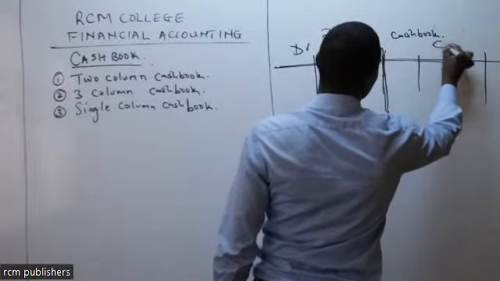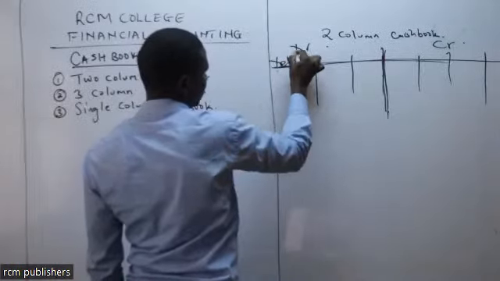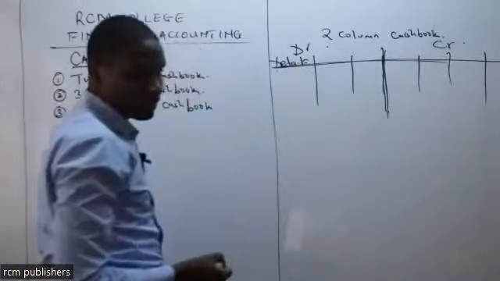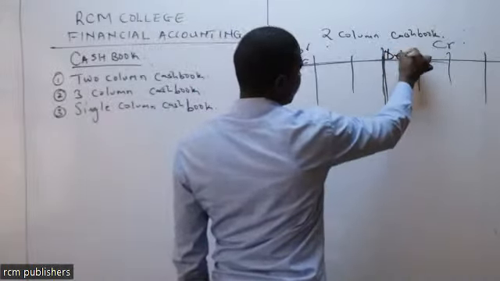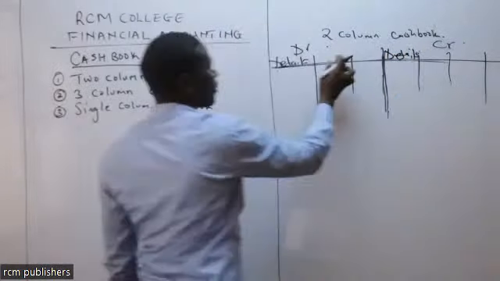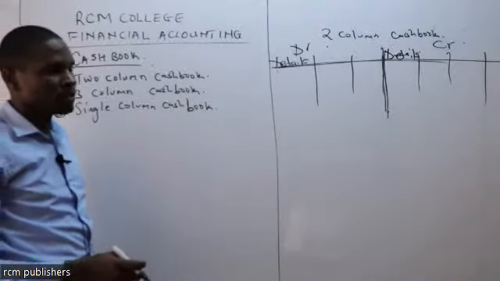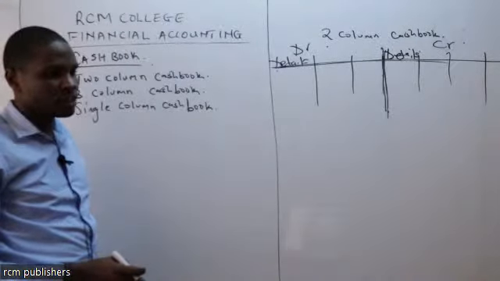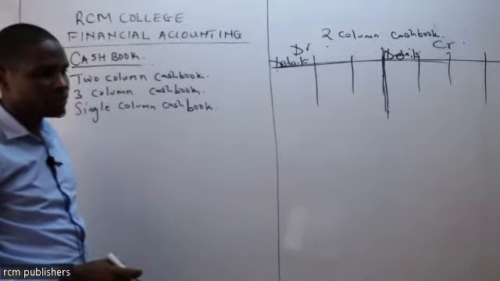So I'll be having details here in the first column. This is my first column, details. What should I write in the second column? Somebody?